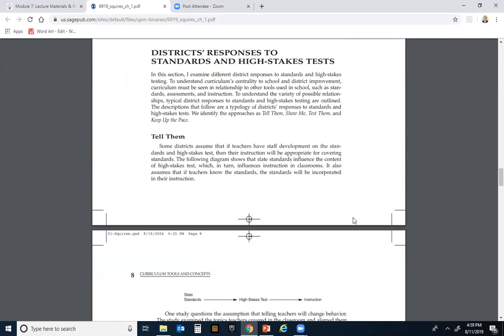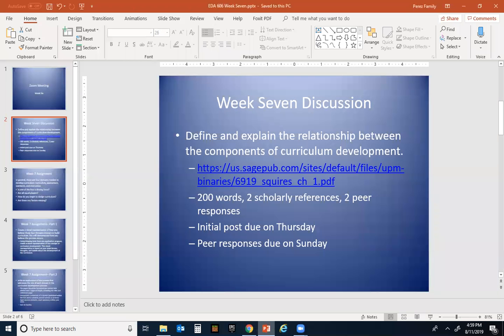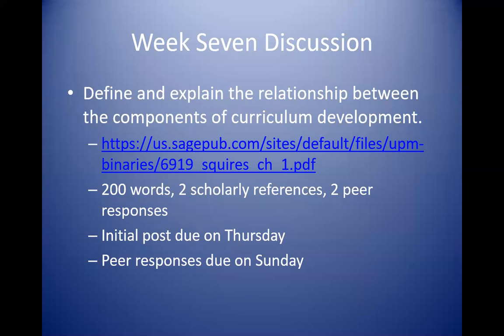While it may not specifically say components of curriculum development, I would say that can be your guide, or at least get you up and running as far as the information that you need to complete this prompt. So again, it's to define and explain the relationship between the components of curriculum development. As always, it's 200 words, 2 scholarly references, 2 peer responses.